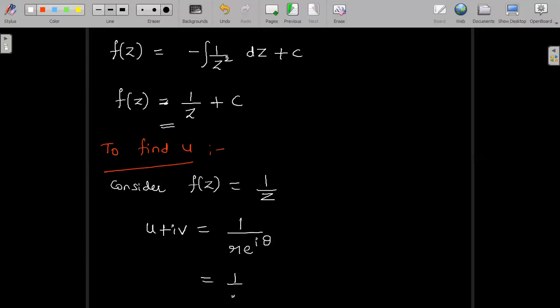And this can be written as 1 by r into e power minus I theta, taking e power I theta to the numerator. Why? Because now we can use e power minus I theta as cos theta minus I sin theta.